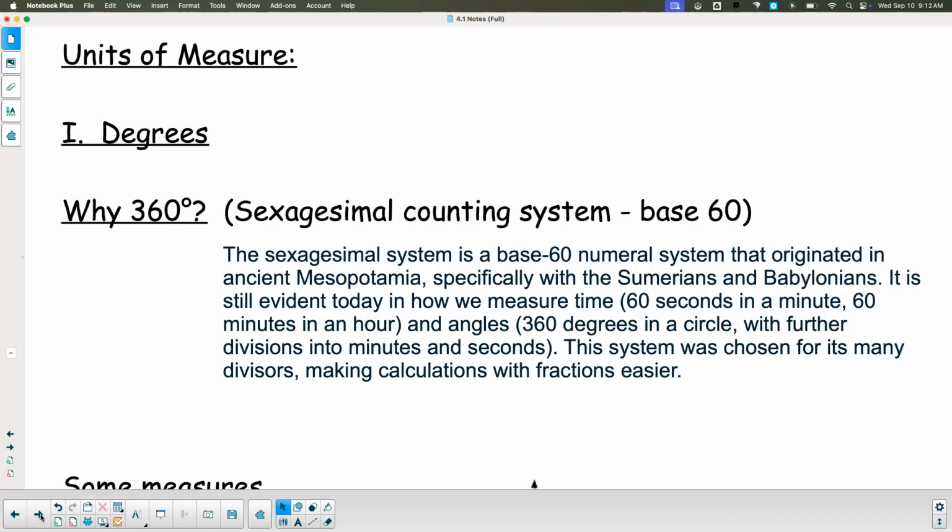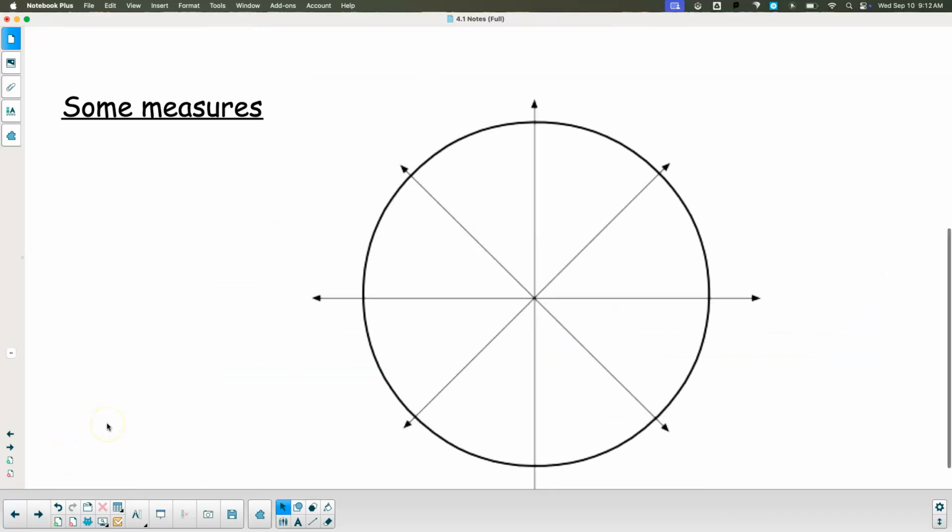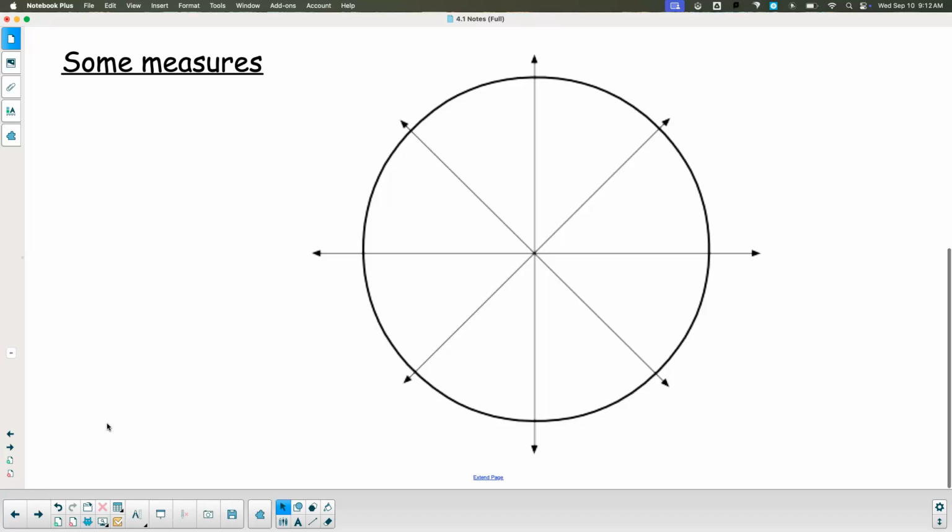Some measures of degrees that we have out there on the old unit circle. Remember that on the unit circle, we start at 0 degrees. To go all the way around would get us to 360 degrees.